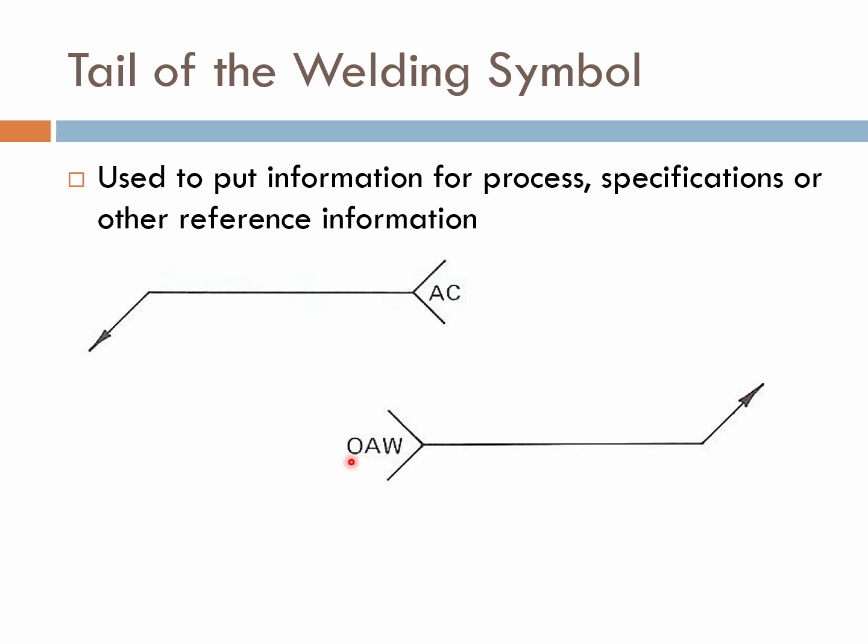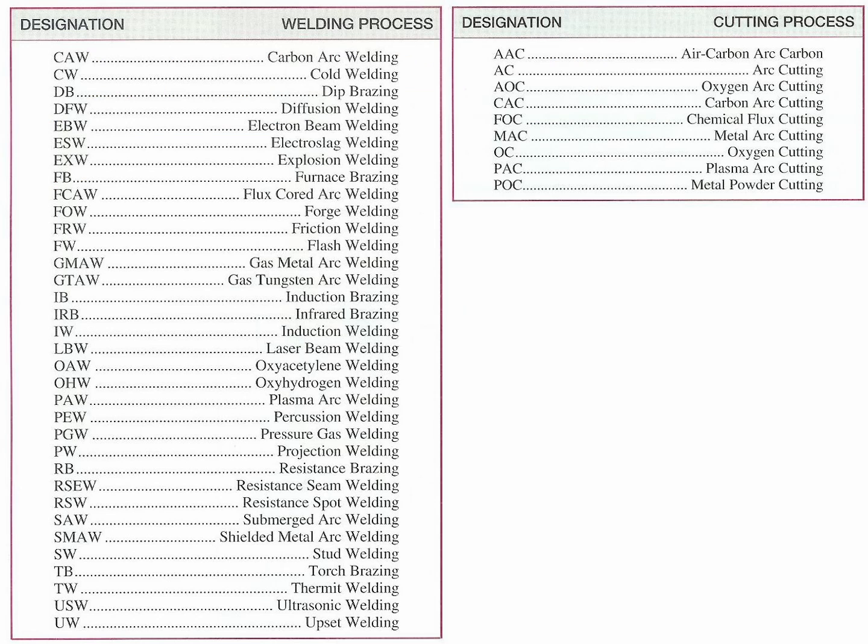This is oxyacetylene welding. Or it may be C note 1, or it may say C note 2, or it could be a number of different things. But always look at your tail and try to figure out what's going on. These are some of the things that can be in the tail for welding processes and such.